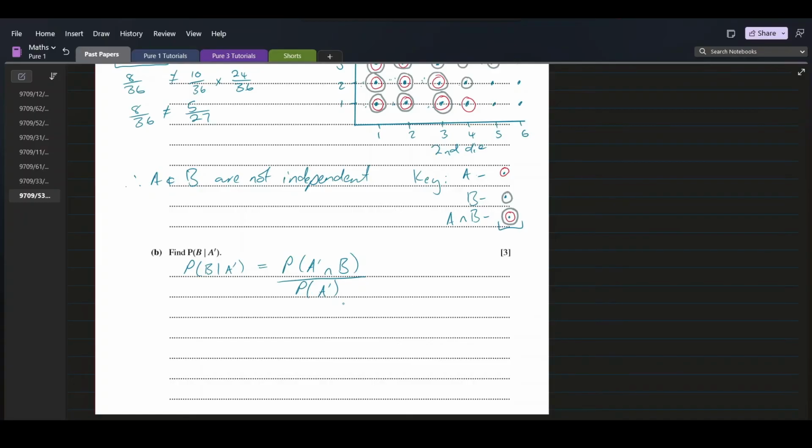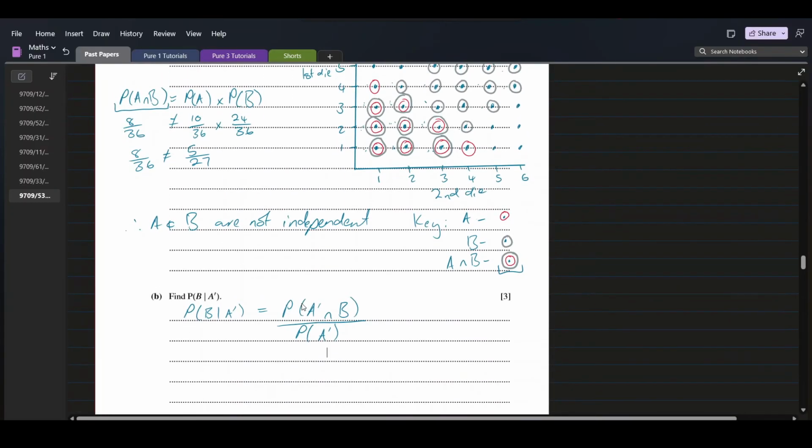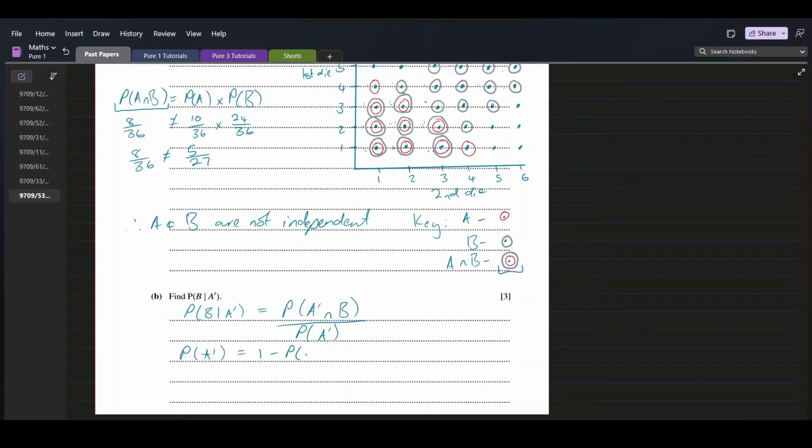So A complement just means the exact opposite of A. So since we have the probability of A, we can say that the probability of A complement is 1 minus the probability of A. So the probability of A complement is equal to 1 minus 10 over 36, and that is equal to 26 over 36.